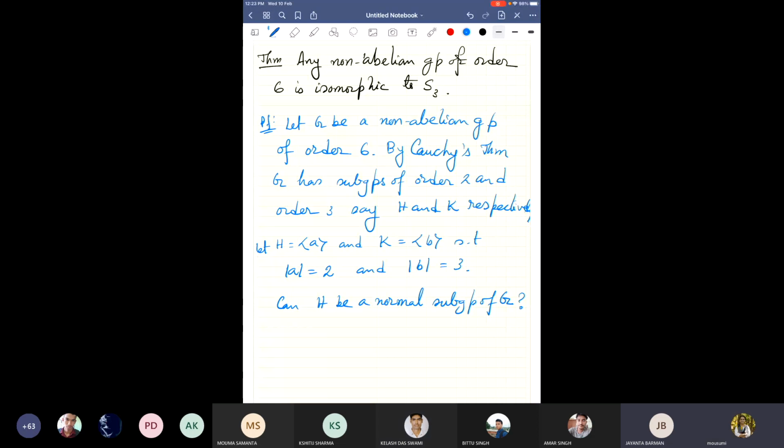Ma'am, if H is a normal subgroup, K must also be a normal subgroup, and H intersection K equals the identity, and all elements of H and K commute with each other, then it will become an abelian group, right? Yes, ma'am. But I have started with G to be a non-abelian group, right? So H cannot be a normal subgroup.